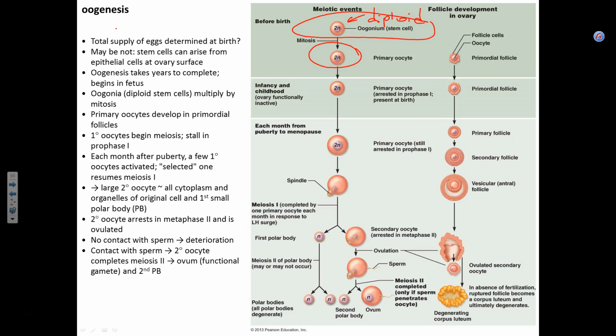Primary oocyte is the part of primordial follicle, the earliest stage in the follicular development. So this happens even before birth. It is happening during the fetal stage of female development.